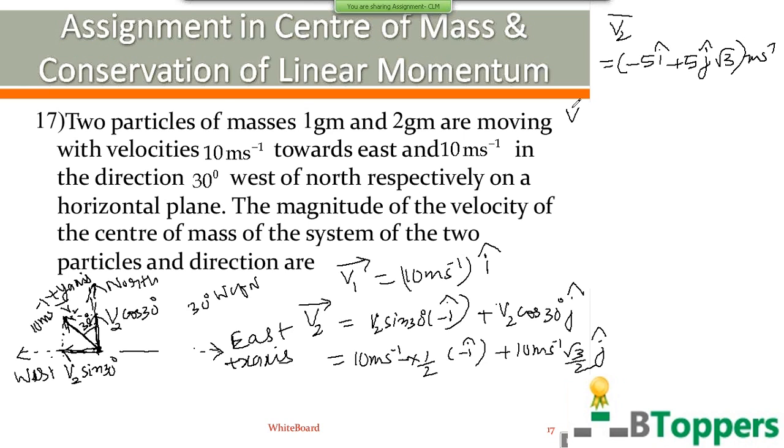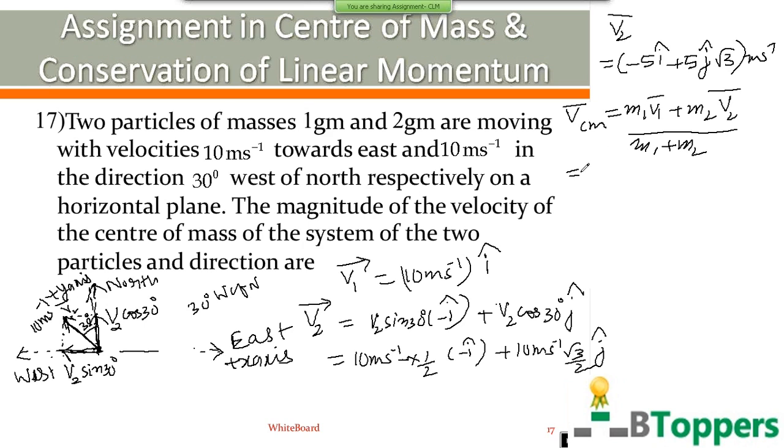So the velocity of the center of mass of the system of the two particles is given by m1 v1 bar plus m2 v2 bar divided by m1 plus m2. Here m1 equal to 1 gram.